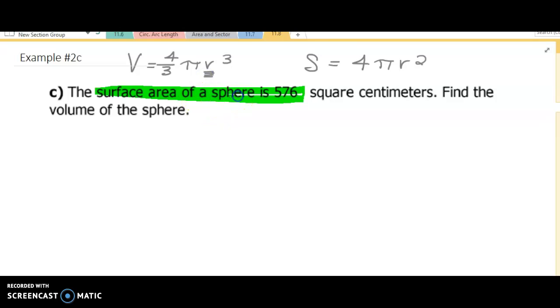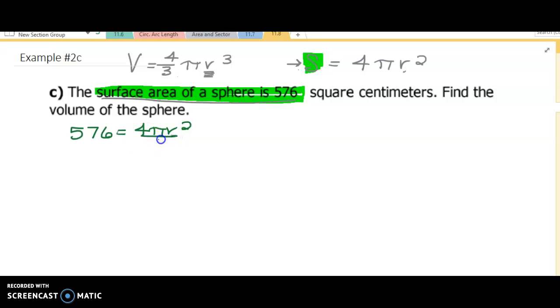So I can use the surface area of the sphere is 576, plug it into the surface area formula, and solve for r, and then when I have that, I can find the volume. So that's what I'm going to do. So the surface area is 576, so I'm going to plug that right in here. So 576 equals 4 pi r squared.